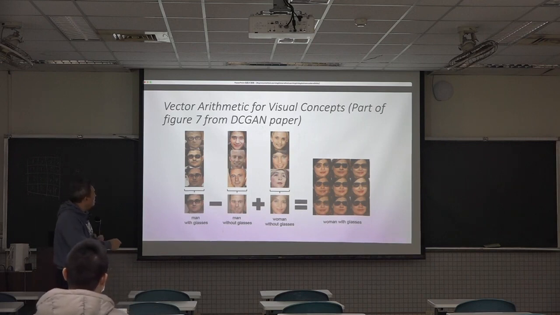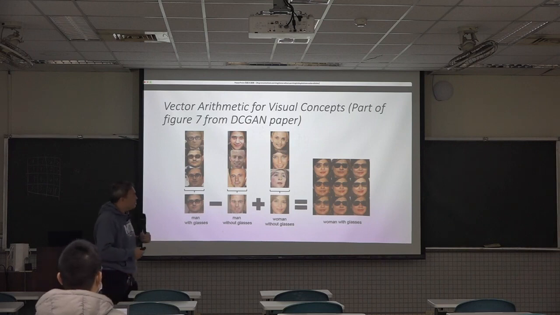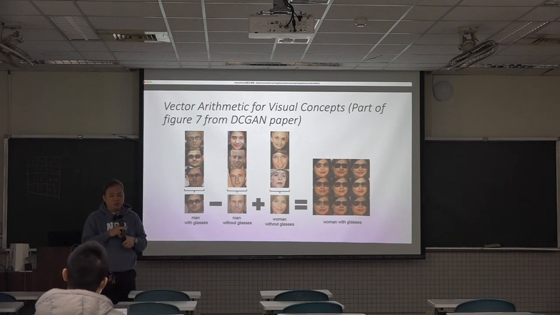This one is from the DCGAN paper. It's a very interesting result, but it is only good for the GAN model. So I guess that's about it for this class.